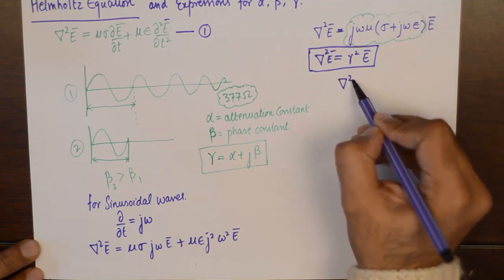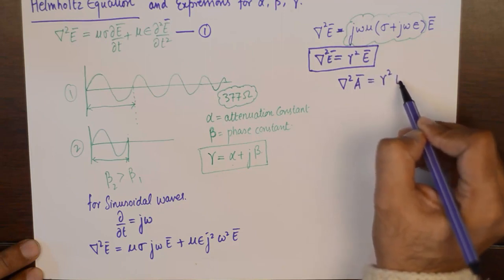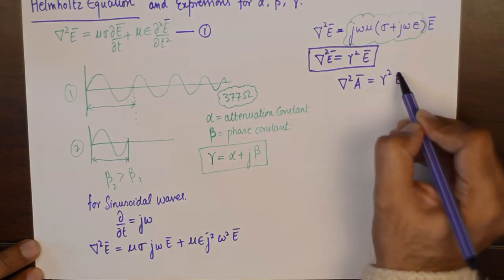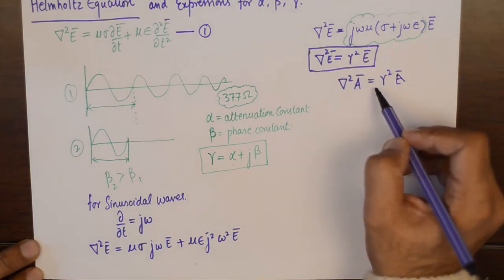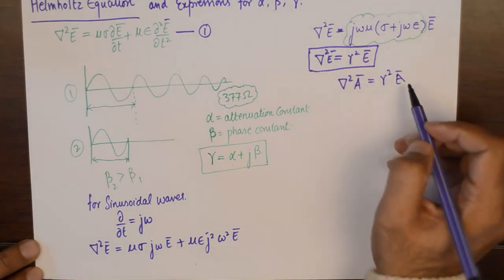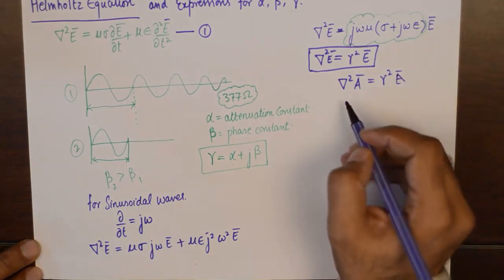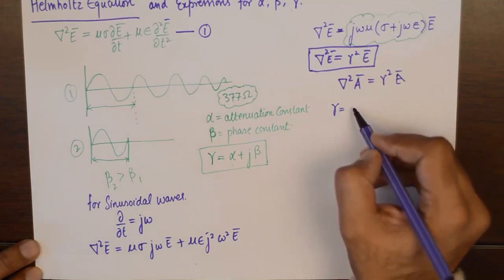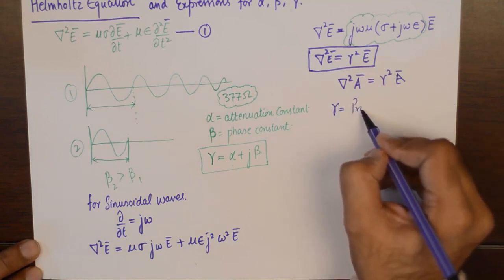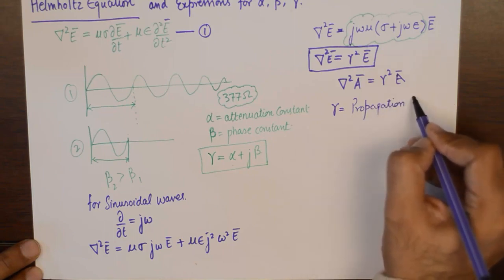Any wave equation in its most generalized form can be represented by Laplacian of A on the left hand side and gamma square A on the right hand side, where of course gamma is the propagation constant.